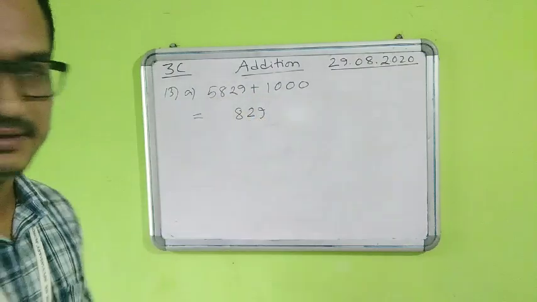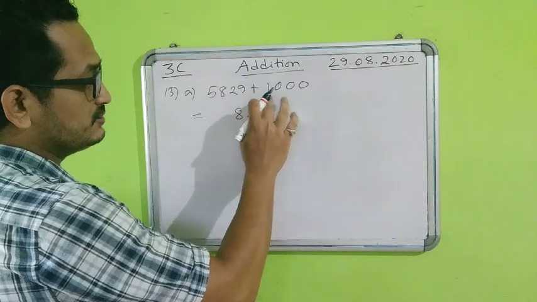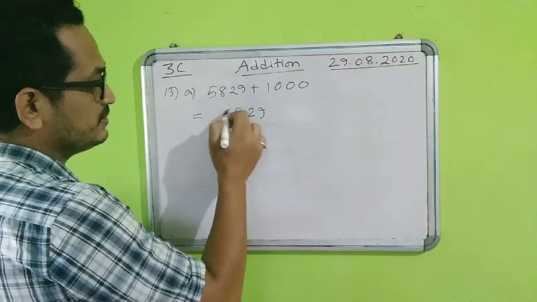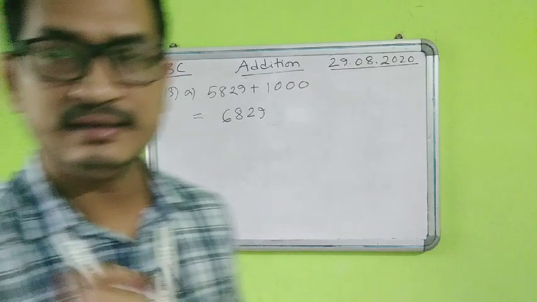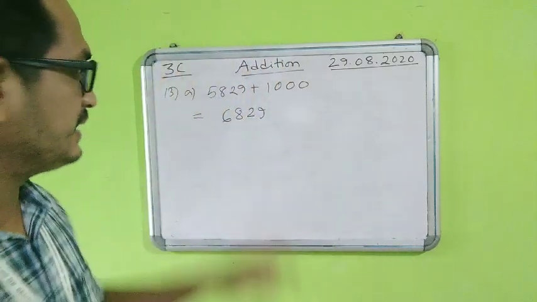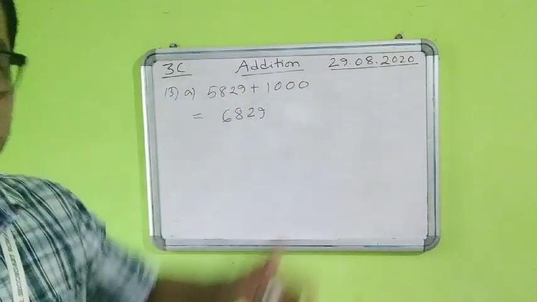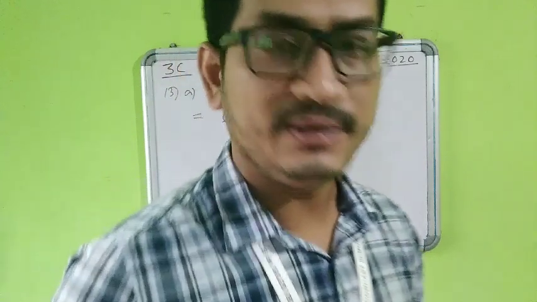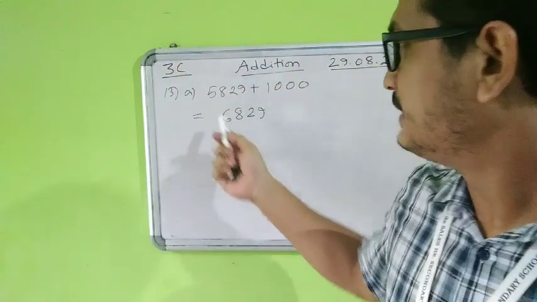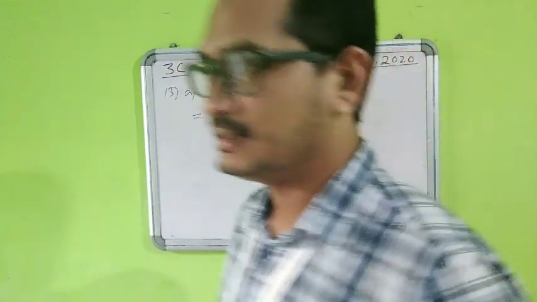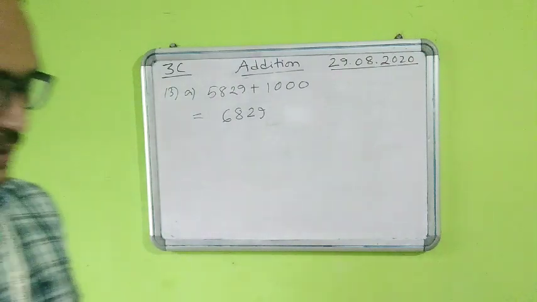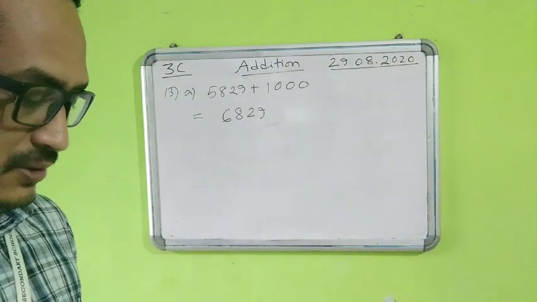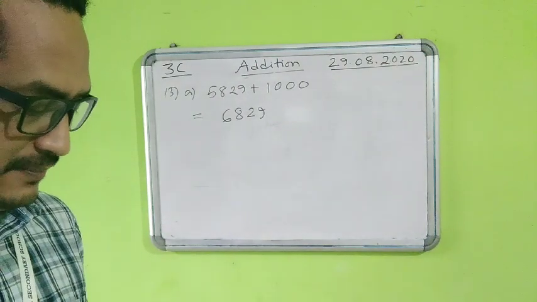There will be no changes. Think about the thousands place, 5 plus 1 it will be 6. So only need to add the thousands place. The remaining you can write as it is, because with 0 when we add, there will be no change. Only the number will be increased by thousands. So that is 6000. In a similar way you can do number B and C also, students, they are the same.